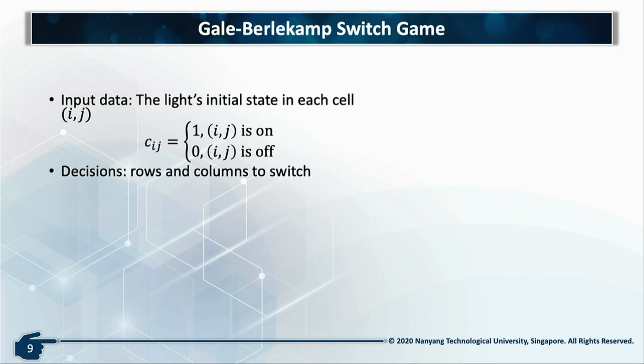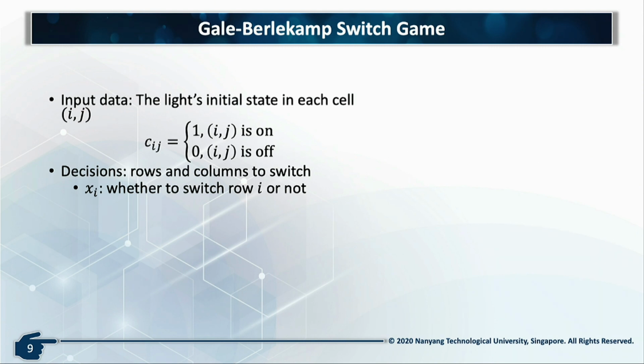And then the decision to make in playing the game is you need to determine which rows and which columns to switch. You can make this decision in such a process: you look at each row and determine whether you want to switch this row or not.